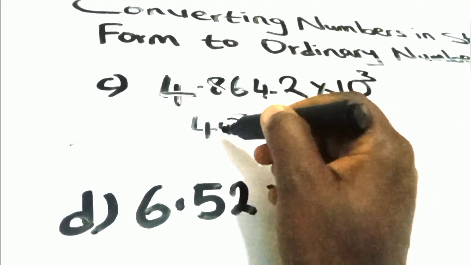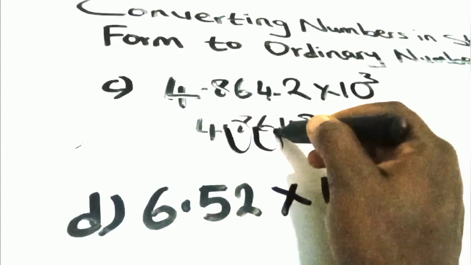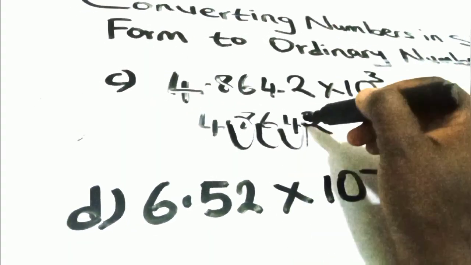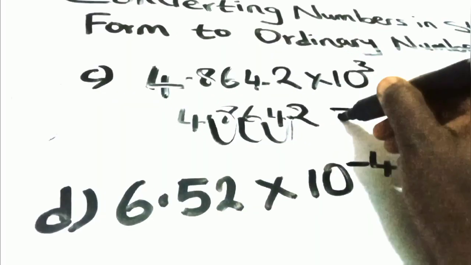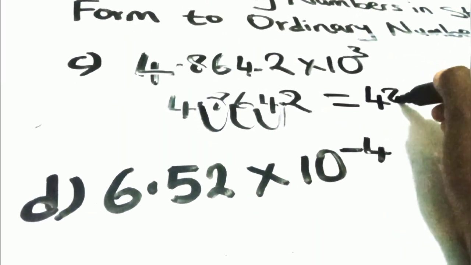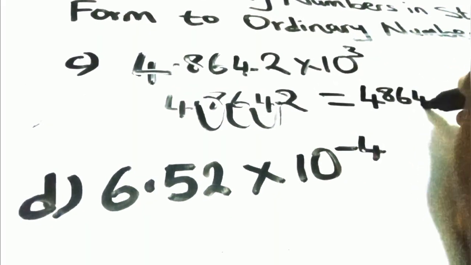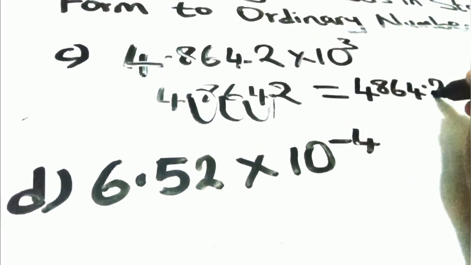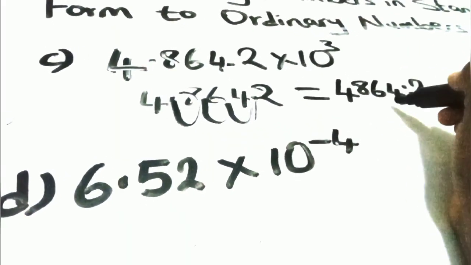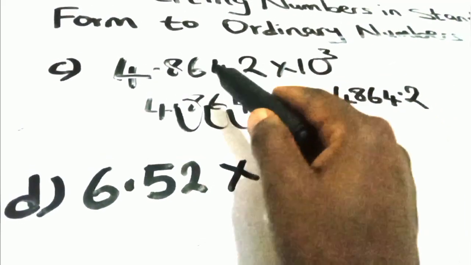Let me move my point. 1, 2, 3. You can see where it is, so the point will be here. So my final answer will become 4,864.2. That is the ordinary form of this number.